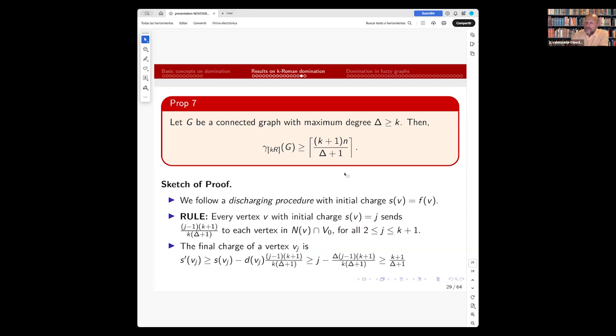And well, I guess that you know what a discharging procedure is and how this works. We give an initial charge to every vertex in the graph, and then we apply some rules to discharge the initial charge of a vertex to its neighbors, so that the total is not changing.